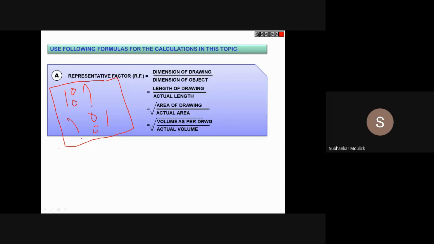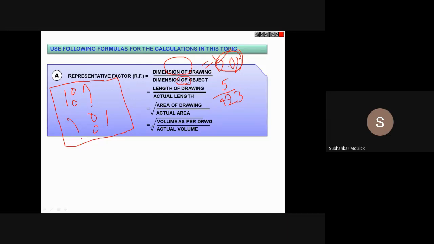But after calculation, say your RF comes out to be 5 by 423. Never express RF in terms of point. If you divide this, you will get say something like 0.023. No, RF is never expressed in terms of point, because if you express this RF in terms of point, then by looking at this point, nobody can tell which one is dimension of drawing, which one is dimension of object.